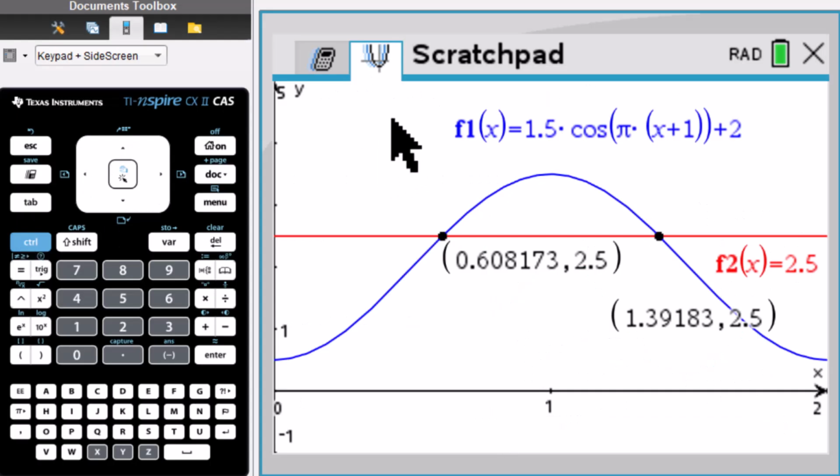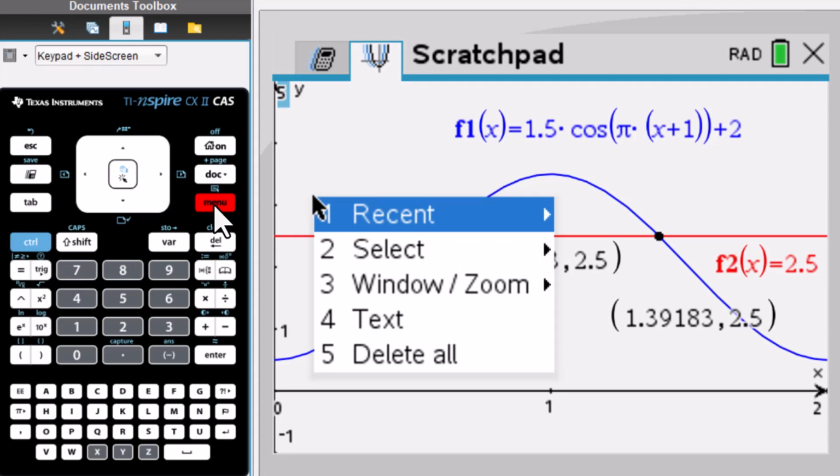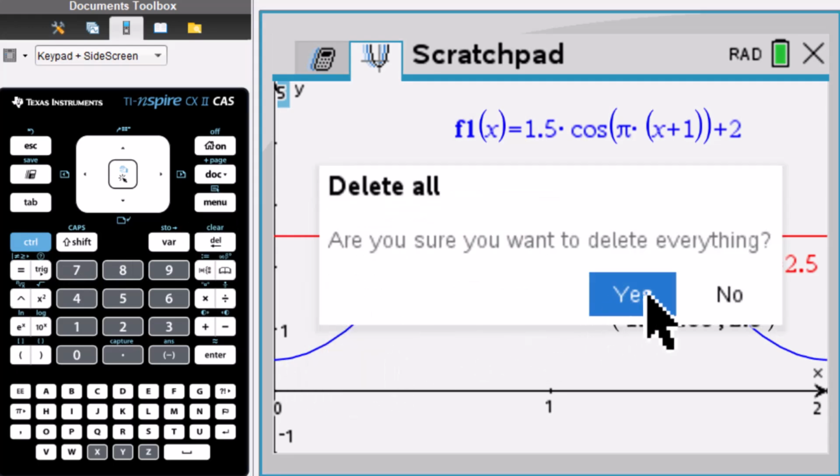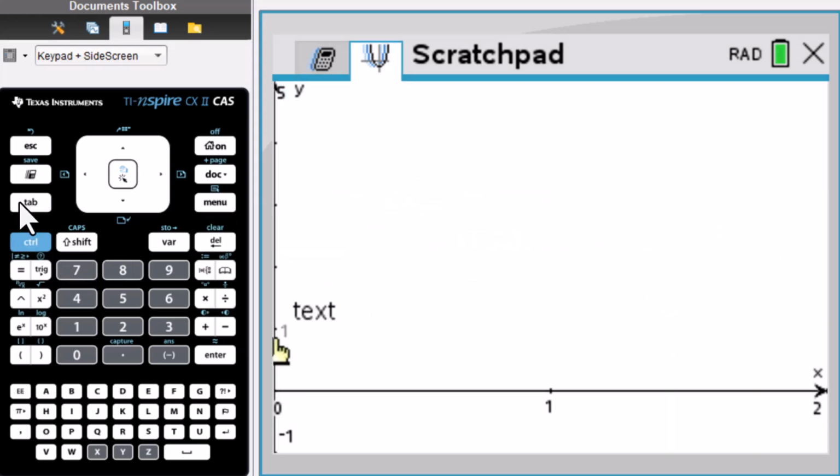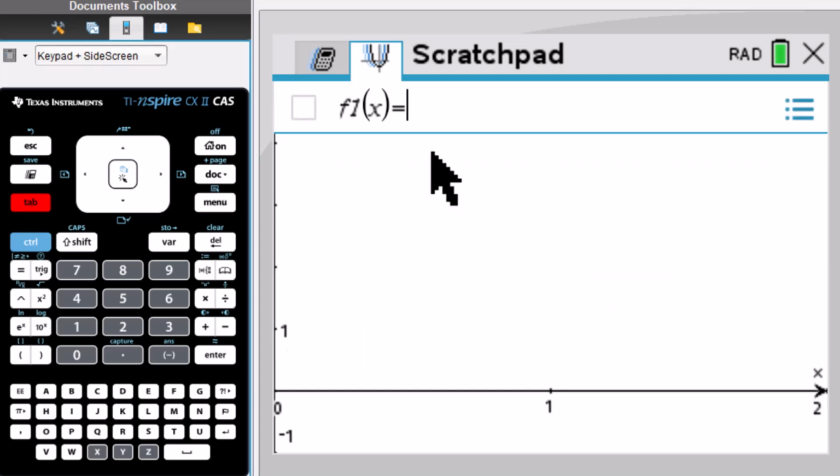Let's go to graph on Scratchpad. Let's delete all the histories. Control menu, delete all. Click on tab. We put P of t into f1 of x. Make sure your variable is x instead of t on the graph.